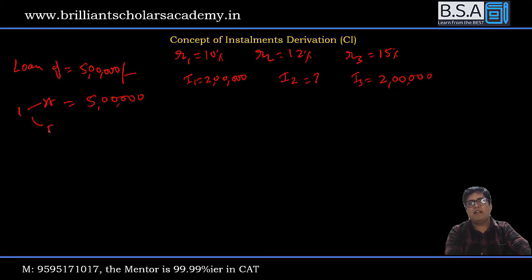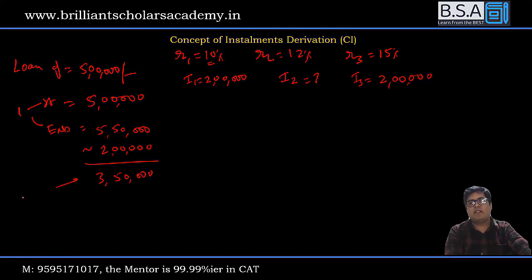The first year is about to end. What will the loan become? The loan will become 10% higher. 10% higher amount is 5,50,000. What was done? A payment was made of 2 lakh rupees. So the effective loan becomes 3,50,000.